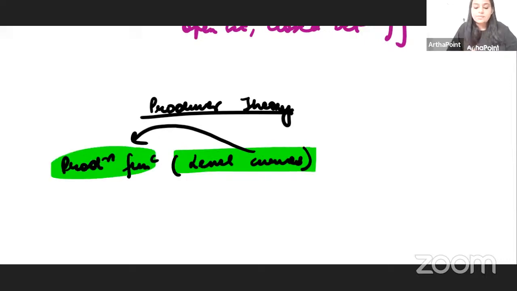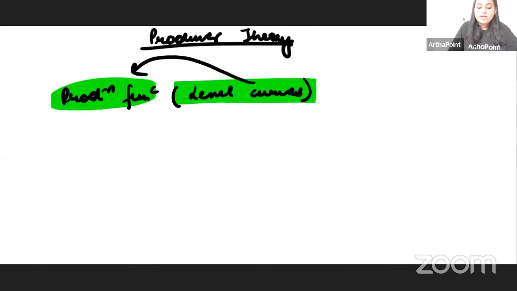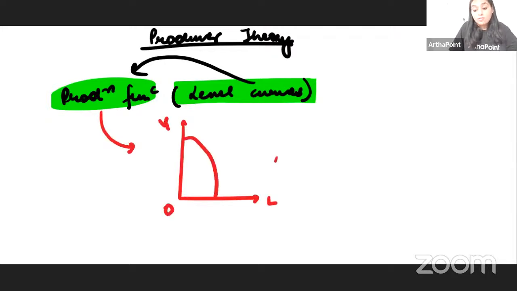We will do that. We want to understand what is the production function. What happens when I have a single variable? What happens when I convert this into two variables? How will I define my production function in that case?